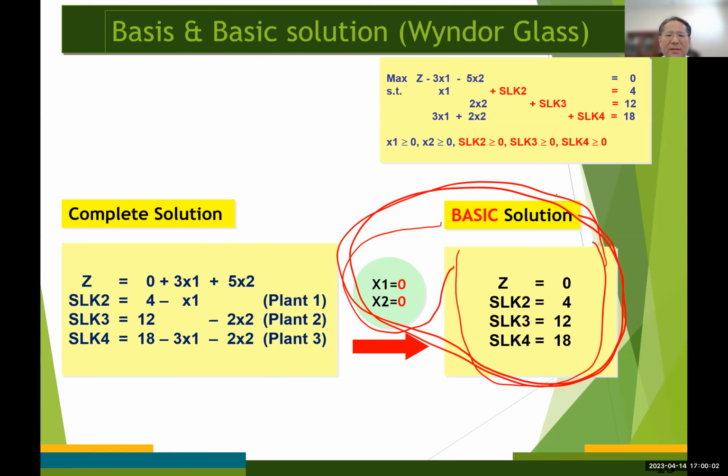In this case, this basic solution is the plan to produce neither the glass door nor the windows, resulting in all the available production time being unused. Of course, in that case you will get nothing, the total profit will be 0.